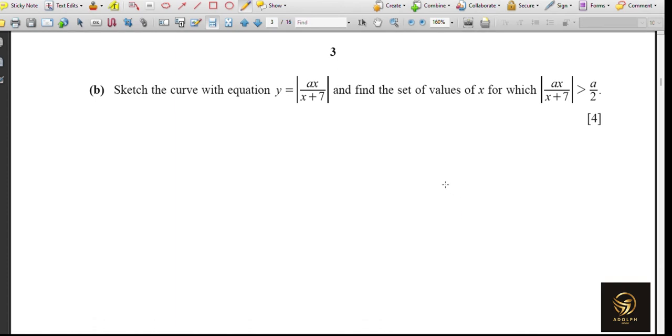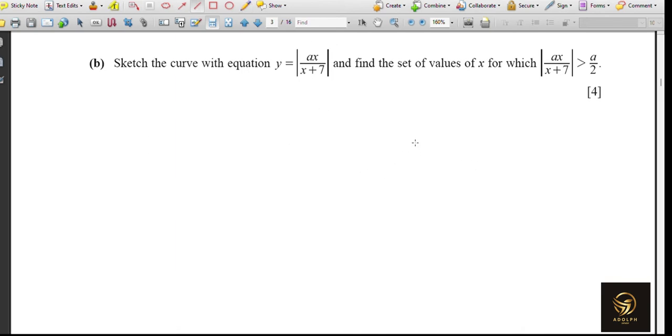Sketch the curve with equation y equals modulus of ax divided by x plus 7 and find the set of values of x for which modulus of ax divided by x plus 7 is greater than a by 2. So now we will have the coordinate axes.